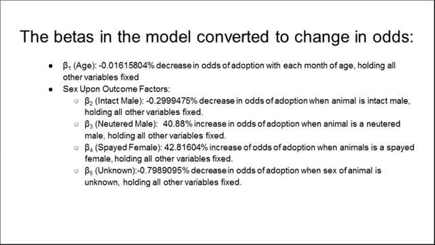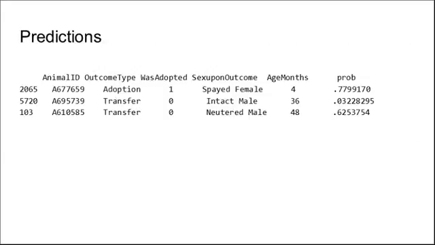And here's the betas converted to change in odds. As you can see, age leads to a slight percent decrease, and being neutered or spayed leads to a high increase of the odds of adoption. So here are some predictions that I ran with the model. The young spayed cat has the highest predicted probability of being adopted.